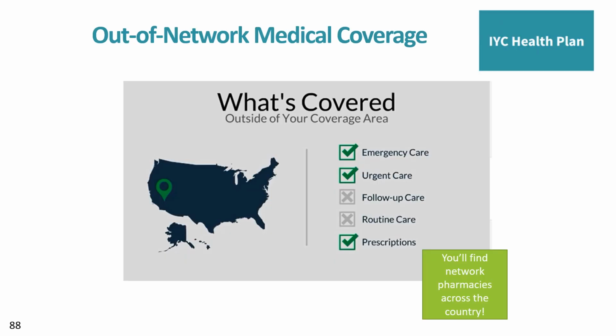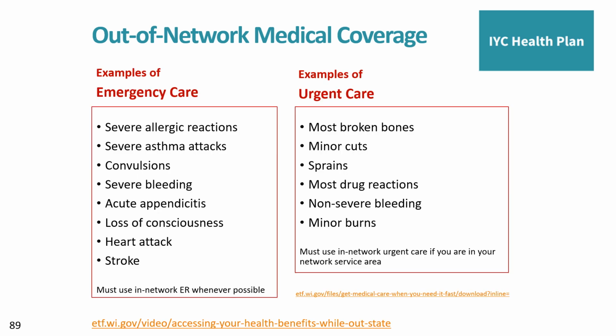Under the health plan, if you go out of network, out of the doctor's group that you've chosen for yourself for the year, the only services that could be covered by the insurance plan are emergency care and urgent care. On the screen here, we have some examples of emergency care needs in which you should try to use your in-network emergency room whenever possible, but it's understood that if you're having a heart attack, you need to visit the nearest emergency room in order to be treated.